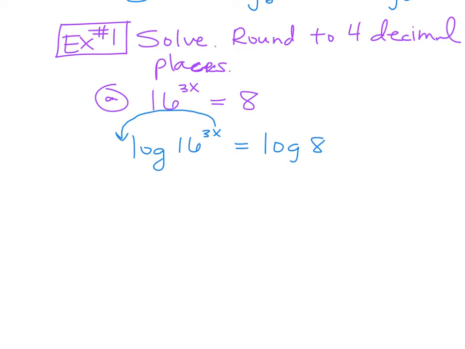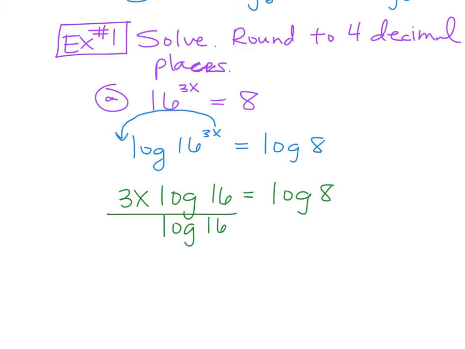So it's going to become 3x log 16 equals log 8, okay? We're ultimately trying to isolate x. What do you think you do next? Not subtract. We're going to divide, right? We're going to divide by log 16.